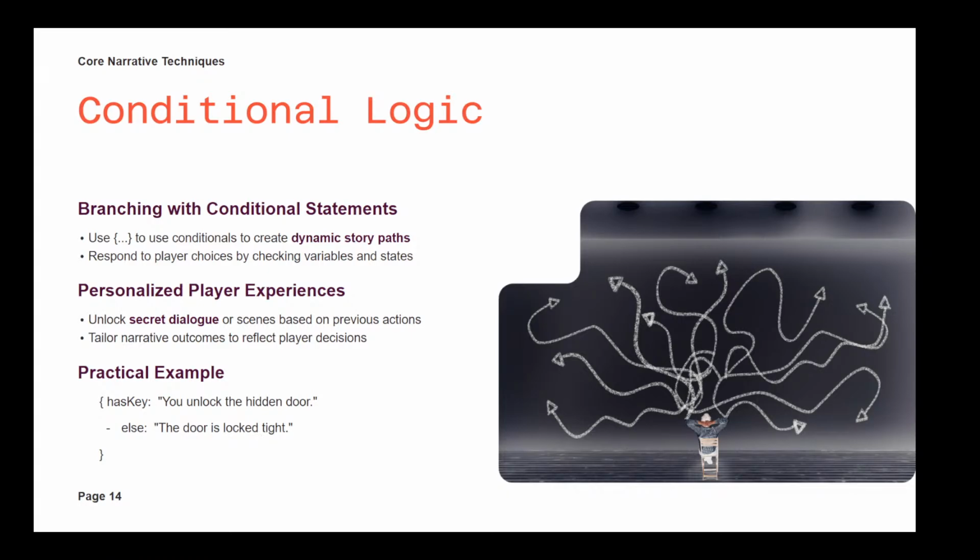You can have diverts go back to previous knots that you may have been to before, and you can loop through the dialogue choices again. So if you find the key later, you can go back to where this conditional is, and then you can unlock the door and progress on down that branch of the story.